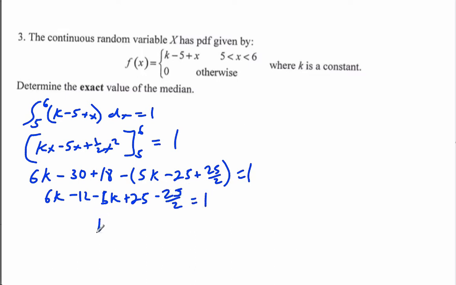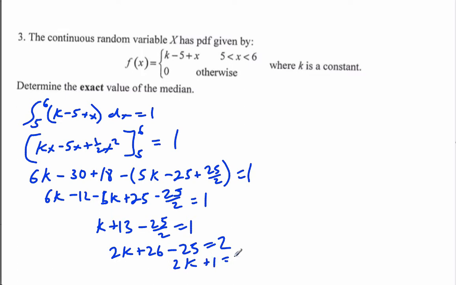And then we get k plus 13 minus 25 over 2 equals 1. Let's multiply by 2. We get 2k plus 26 minus 25 equals 2. 2k plus 1 equals 2. 2k equals 1. So k equals half.